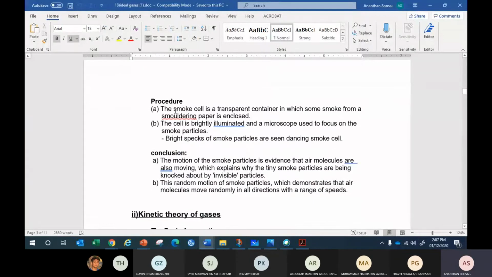You should know the conclusion and the procedures. A bright illuminated cell is used with a microscope to focus on the small particles. Bright specks of smoke particles are seen dancing in the smoke cell, so they move in a jerky manner. This is the observation. Conclusion: the motion of the smoke particles is evidence that the air molecules are also moving randomly.